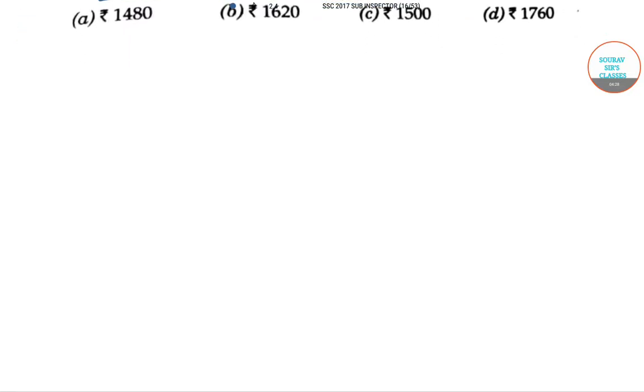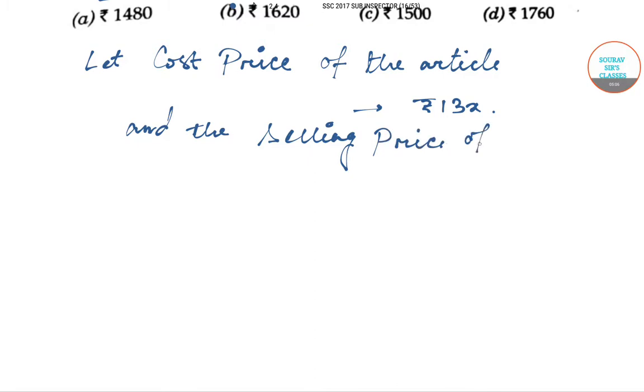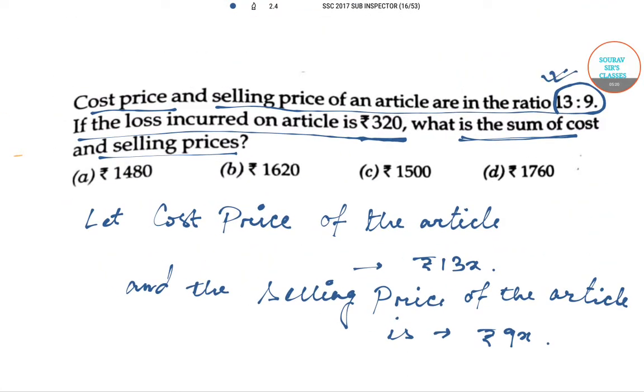So now let's start. Let the cost price of the article be rupees 13x, and the selling price of the article be rupees 9x, because here their ratio was given, that is 13:9.